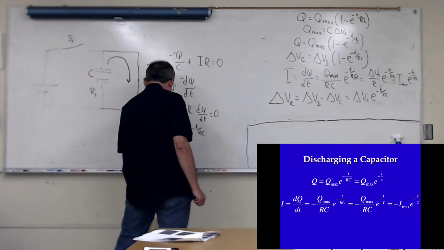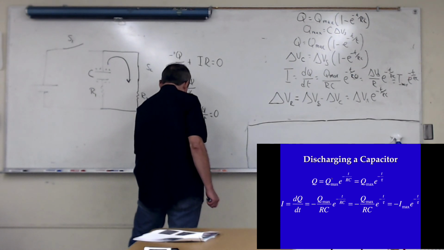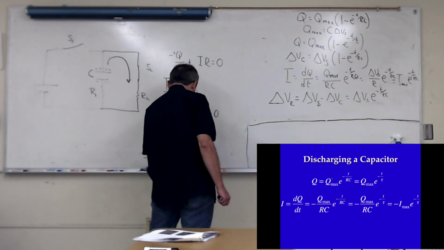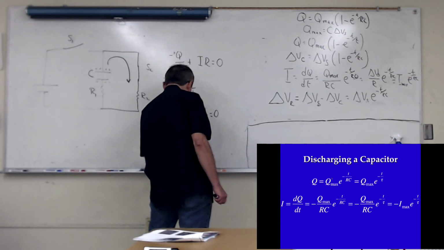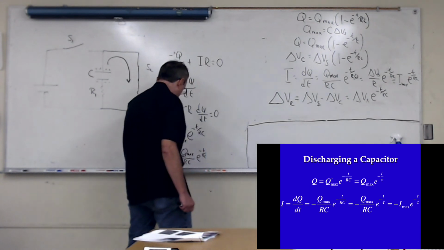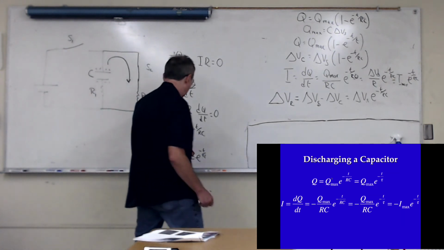I is minus dQ over dt. And that's going to be equal to Q max over RC e to the minus t over RC. I have a minus sign mistake in my notes.